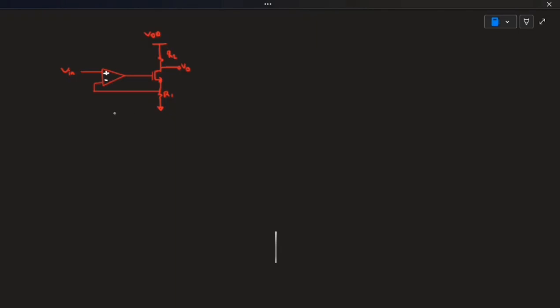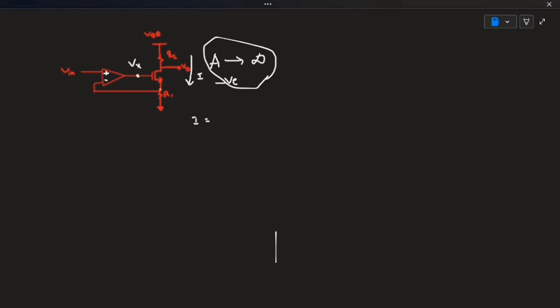Let's find the Vout. As we discussed earlier, the gain here is infinite and it is negative feedback, so we can apply the virtual short concept. Now let's say this voltage is Vx, then the current flowing in this will be some I. This I can be equal to Vgs times Gm.